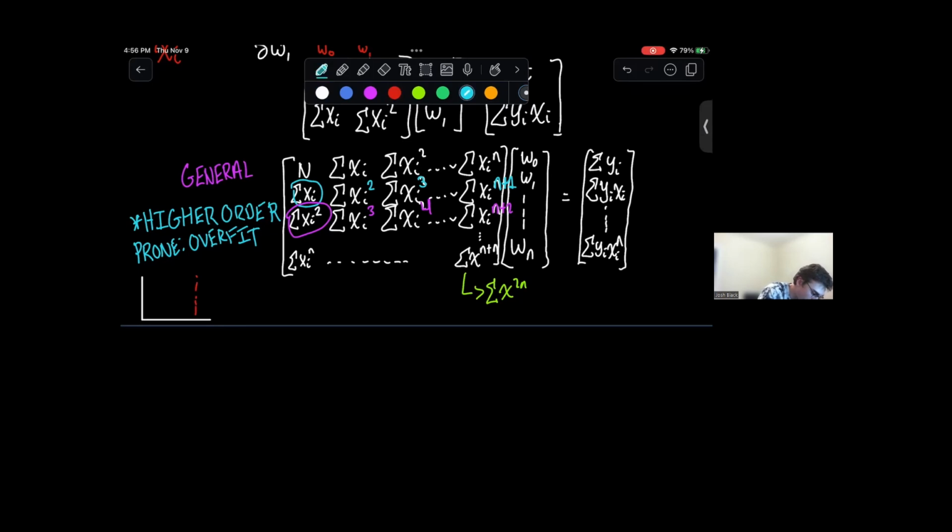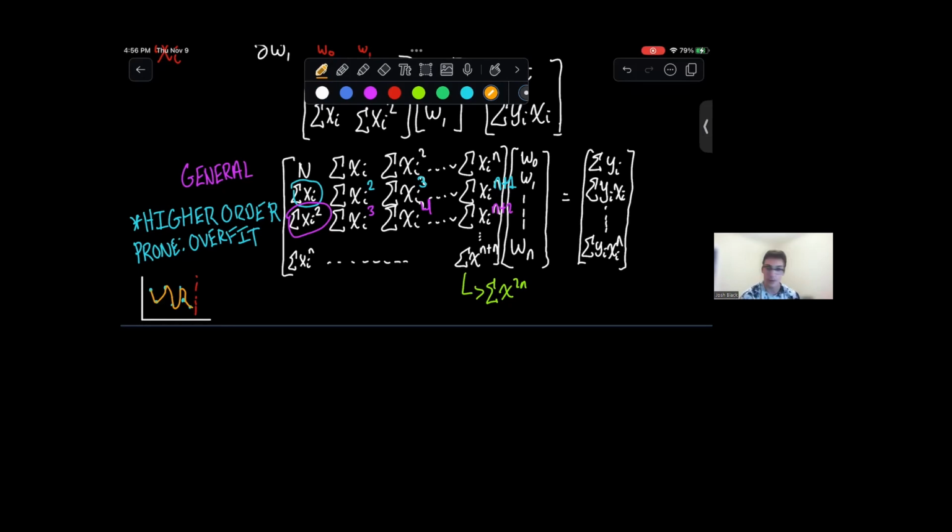So let's say our points look a little something like this. Overfitting would be if I drew a line through all of my points. So in this case, I'd have 1, 2, 3, 4, 5, like a sixth or seventh order polynomial.